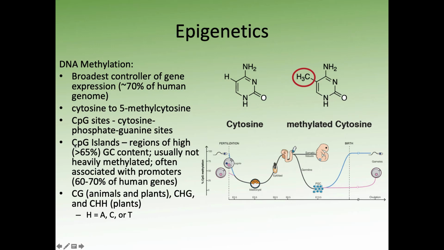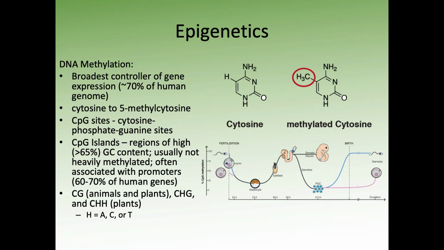What we also tend to see is that these CpG sites, where we have CG, are not randomly distributed across the genome. There are regions that have high GC content, often referred to as CpG islands, and they have various levels of methylation, right?